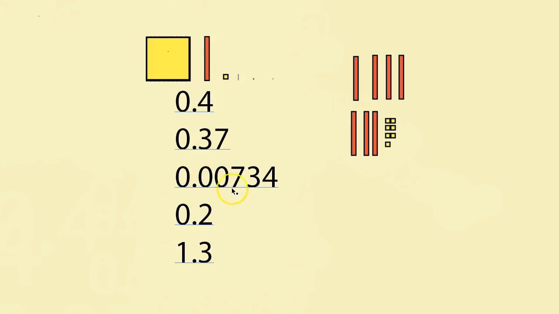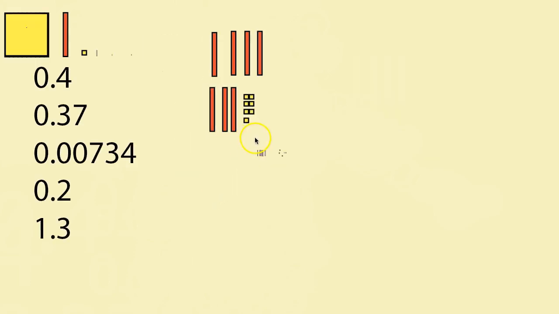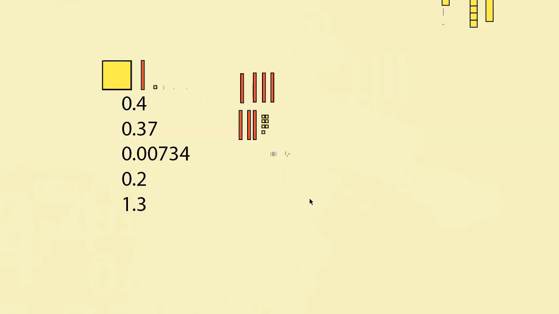This one, 0.00734, is none of those. It's no hundredths either. It's 7 thousandths, 3 ten-thousandths and 4 hundred-thousandths. It's tiny. There it is. So it's a really small number.